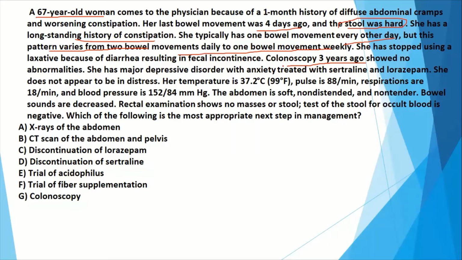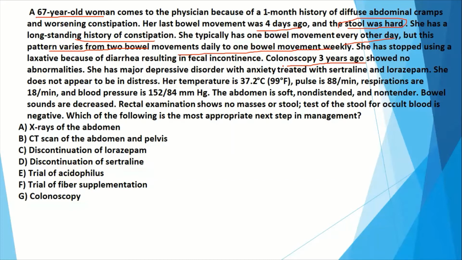So if there is an abnormality in the previous colonoscopy, if you found a polyp, any growth, any tumor, any dysplasia in the polyp, then you can perform colonoscopy earlier than 10 years, like 7 years, 5 years. So there is criteria on the basis of the size of the polyp and grade of the dysplasia.